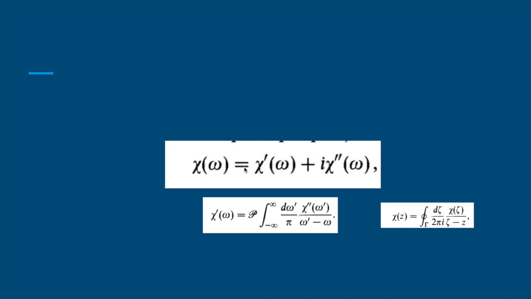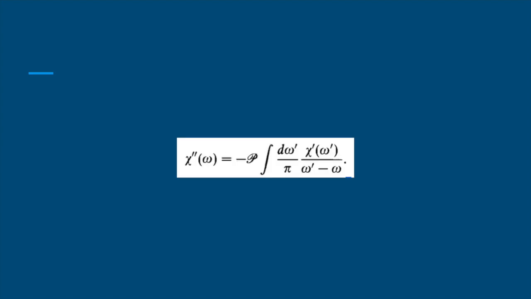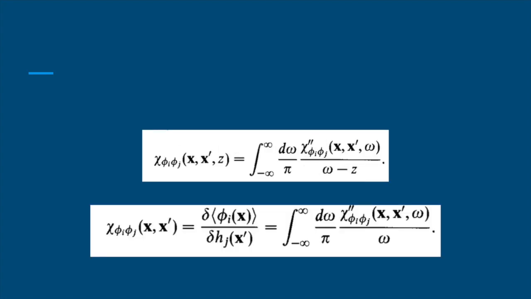So we will have chi phi i phi j of x dash omega equal to the real part and the imaginary part, which will be chi dash and chi double dash, and finally putting the zero frequency limit for the static susceptibility on this integral will give us this function.